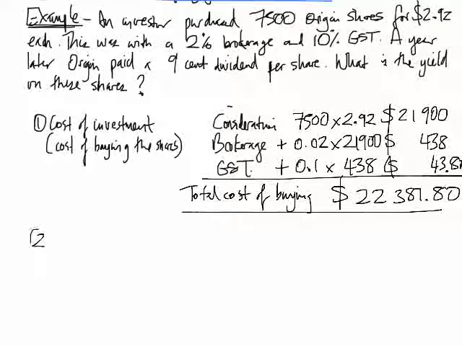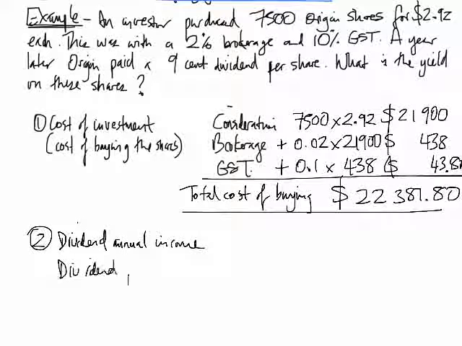And then step 2, you need to work out the annual dividend income. So you need to work out how much money you got from the dividends there. So you use the dividend paid formula. He had 7,500 shares.